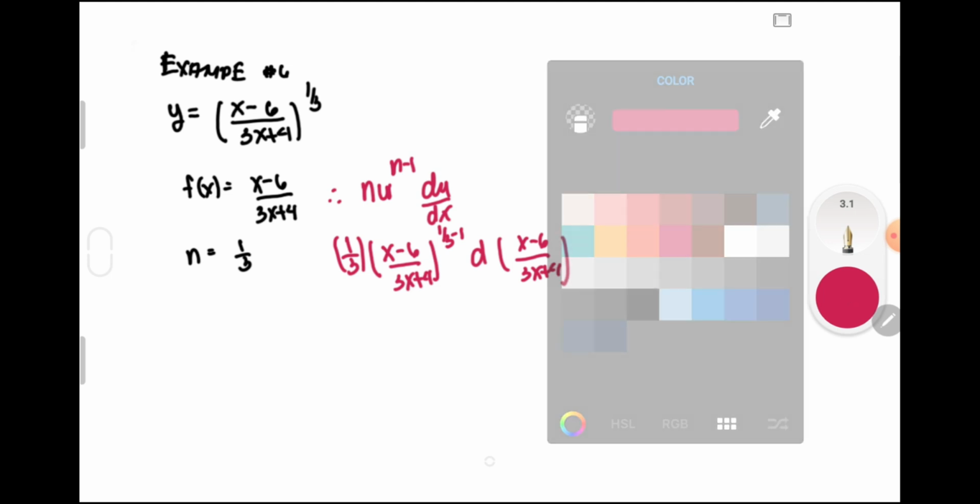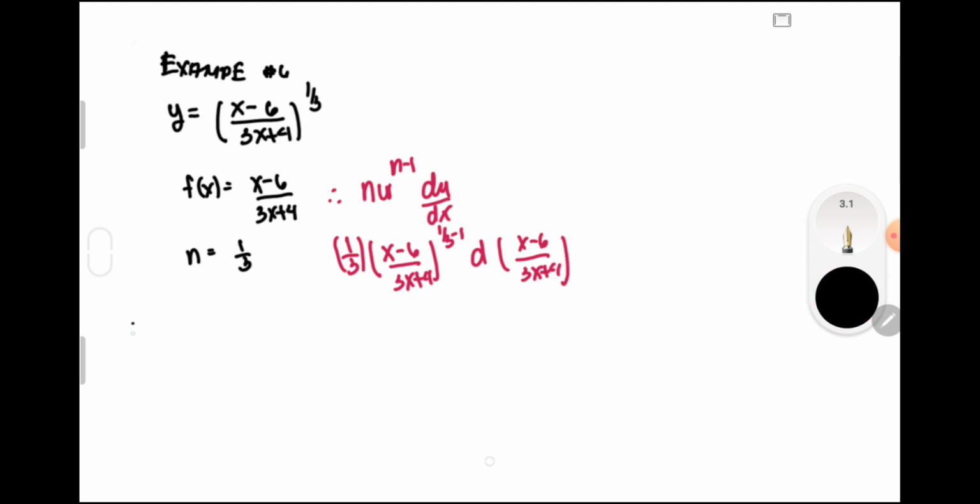Okay, so from there we will get the y prime, which is equal to our 1/3 multiplied by (x − 6) all over (3x + 4) raised to 1/3 minus 1, which is negative 2/3, from 1/3 minus 3 over 3.